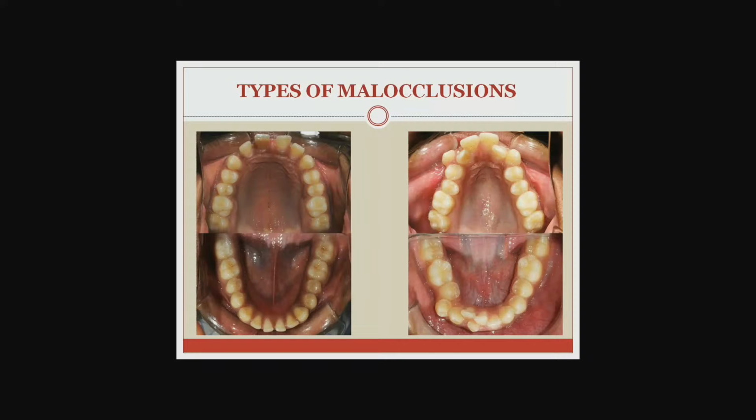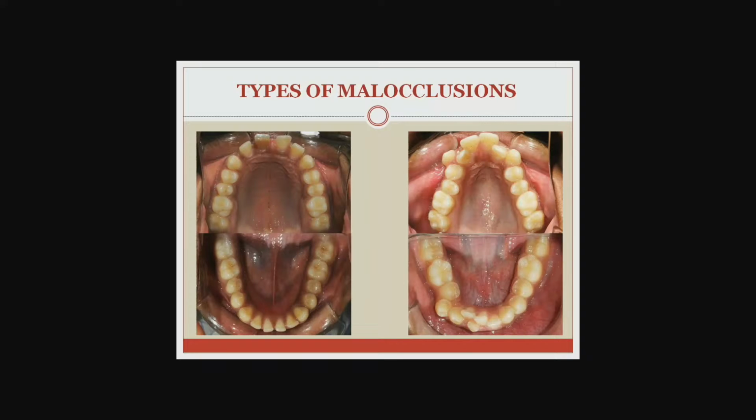You can see a gap in between. It is also possible when you have a large tongue which flares the teeth out. It is also possible when your tongue is not behaving well during swallowing. If the tongue protrudes out, it pushes the teeth out, and that is known as flaring of teeth due to tongue thrust.